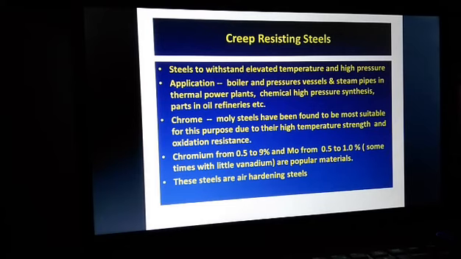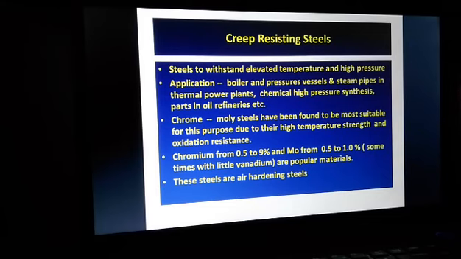Chrome moly steel. Chrome moly steels have been found most suitable for this purpose due to their high temperature strength and oxidation resistance.